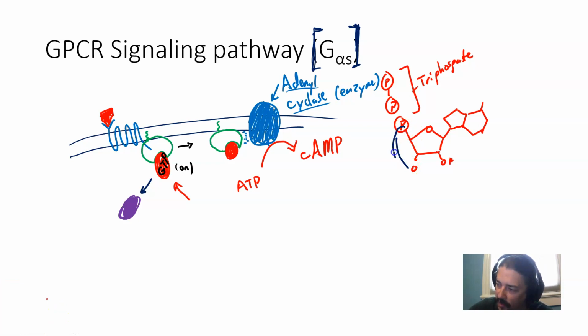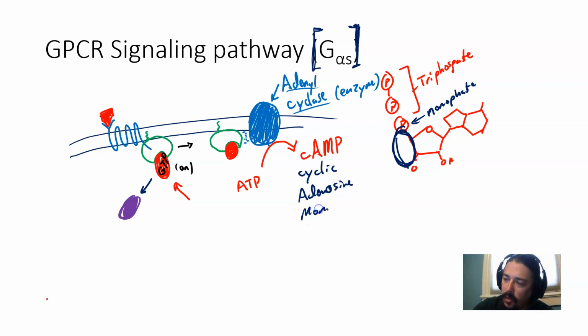So now there's this cyclic part of the molecule, and since there's only one phosphate, we say that it is a monophosphate. So hence cyclic adenosine monophosphate. That's where we get the name from.